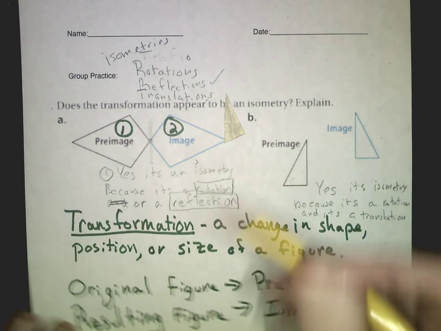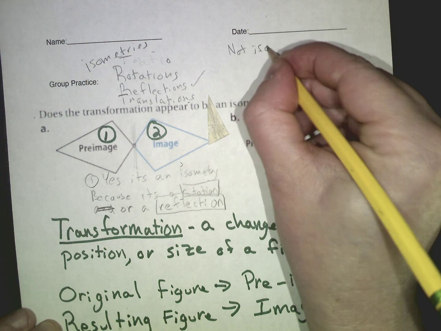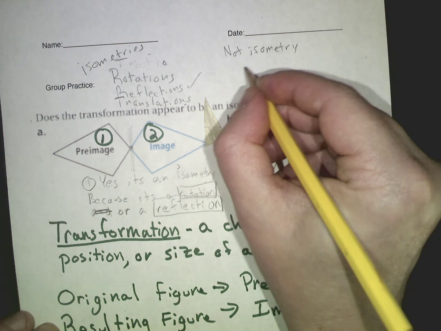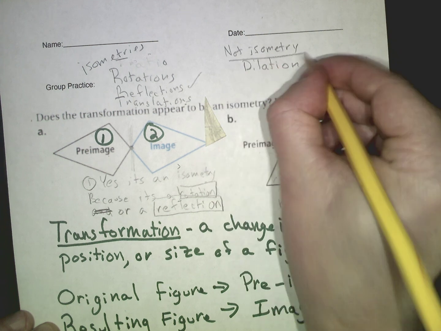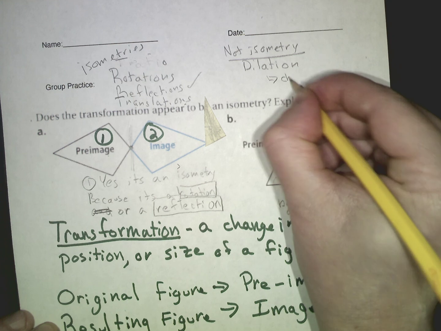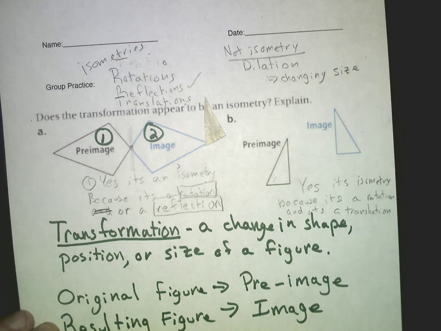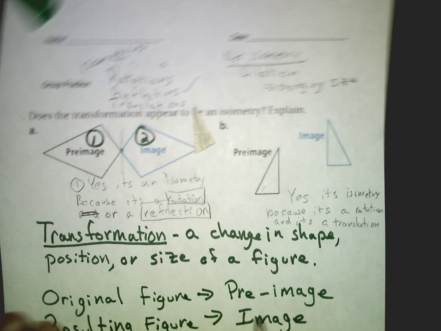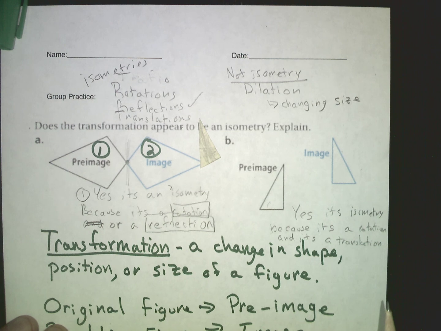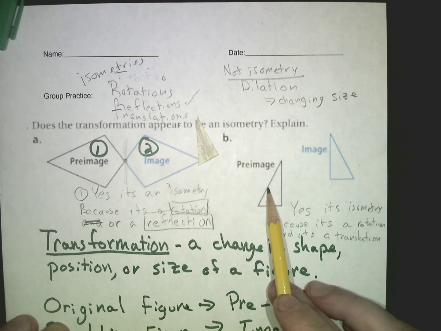That pre-image, right? So a dilation is not an isometry, which is really what a dilation is, changing the size of something. Okay? And we said for congruent, same size, same shape. So as long as it's the same shape and size, it's an isometry.